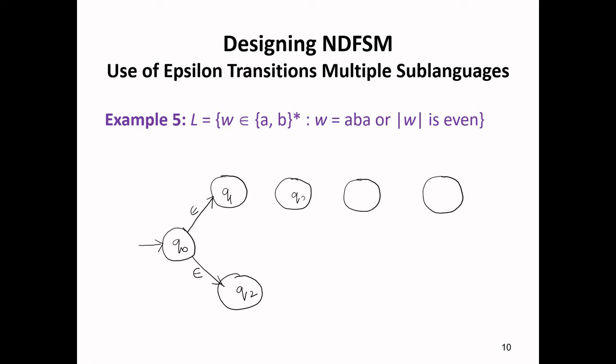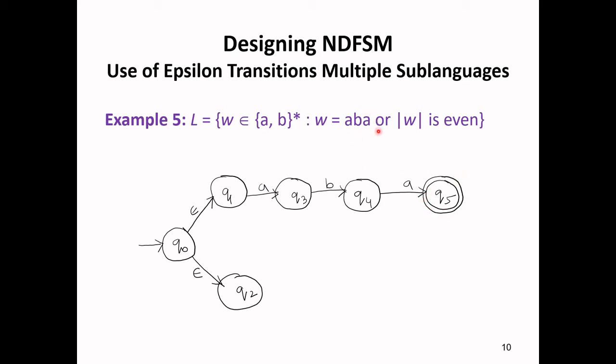Label it as Q3, Q4, Q5. String is A, B, A, reaching the final state. So we have designed for the string having ABA reaching the final state.